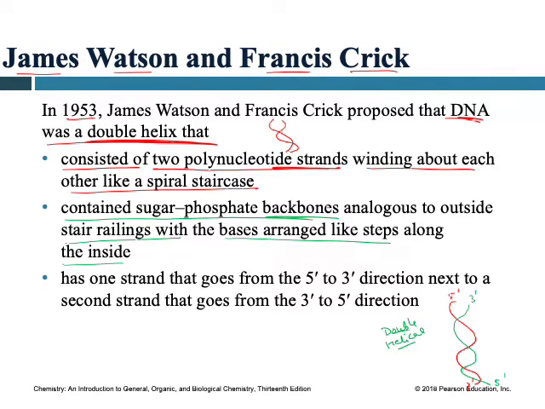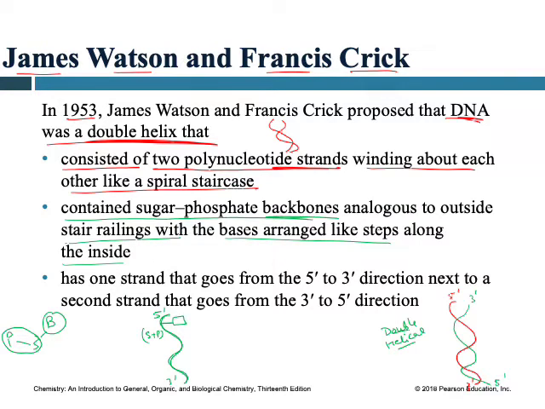So let me show you over here. So this is one polynucleotide, this is the 5 prime end, this is the 3 prime end, and this polynucleotide is made up of what? Base, sugar and phosphate, right? So this sugar and phosphate is like a backbone. So this backbone is made up of sugar and phosphate, and the bases are coming outside from this polynucleotide.